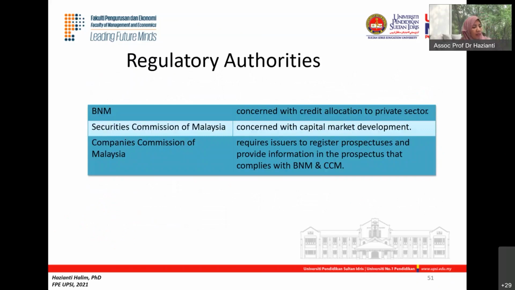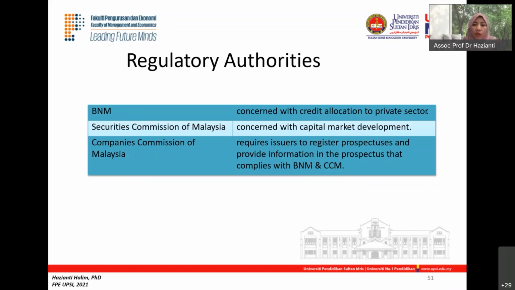Alright, next is the regulatory authorities for our bond market. The first one is of course Bank Negara, because they are concerned with credit allocation to the private sector. We have the SC, Securities Commission, because they take care of our capital market development. And of course, we have the Companies Commission of Malaysia.